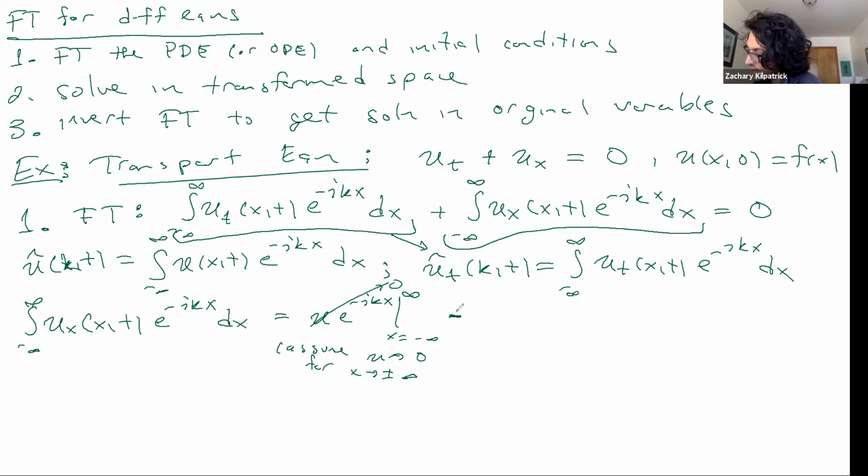So I get a plus ik times the integral from minus infinity to infinity of u(x,t) e to the minus ikx dx. So what is this? Yes, go ahead.